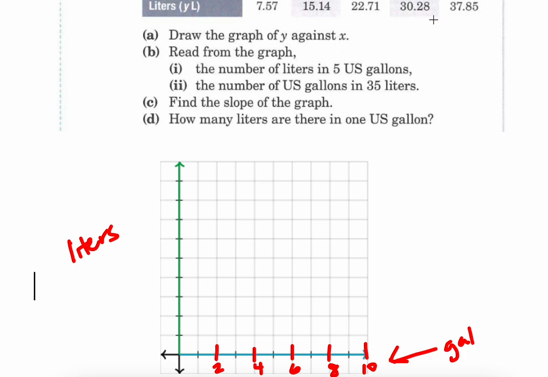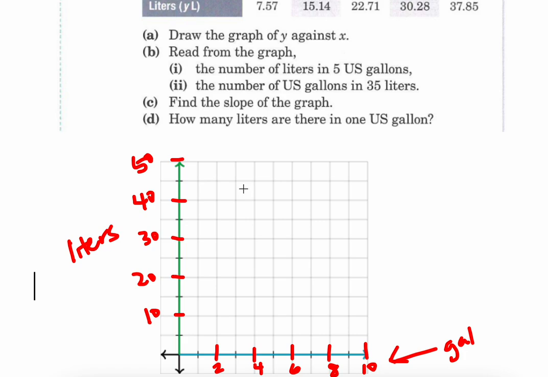And then here, there's a lot of decimals, so I'm going to have to estimate a little. It does go all the way up to about 38. So if I go by 5s, 5, 10, 15, 20, 25, 30, 35, that could work. So 10, 20, 30, 40, and 50.